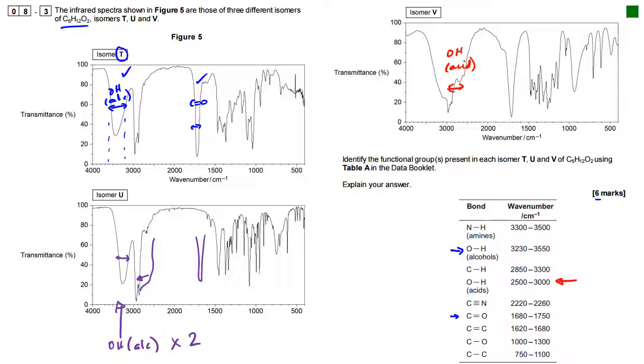If we've got a hydroxyl group of an acid, we must have a look for the carbonyl group of the acid. And then, as before, we're going to find that at around 1700, which is going to be this peak here. So this is our carbonyl group of an acid. So our isomer V is a carboxylic acid with those 2 functional groups there. Okay, 6 marks, done.